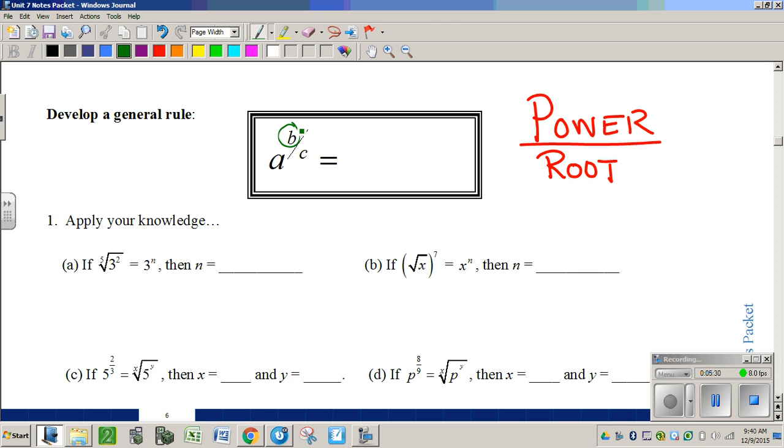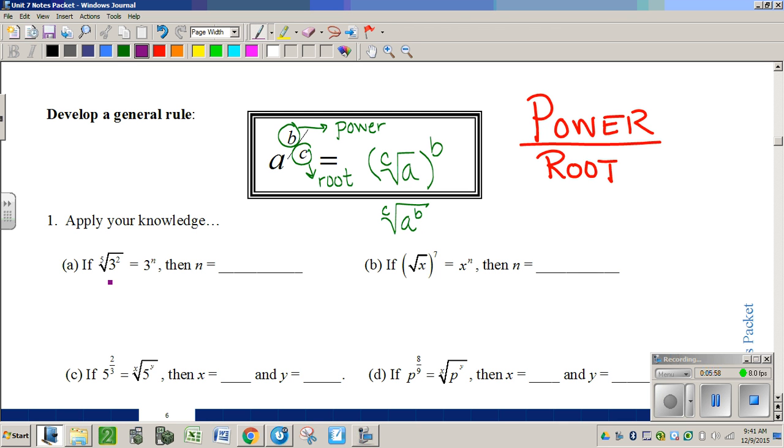Whatever's in your numerator is the power that you're going to raise it to. And whatever's in the denominator is the root that you're going to take. So in this case, I would take the c root of a and I would raise it to the b power. Now you can also write it as the c root of a to the b. So it doesn't matter whether you raise it on the inside or raise it on the outside.